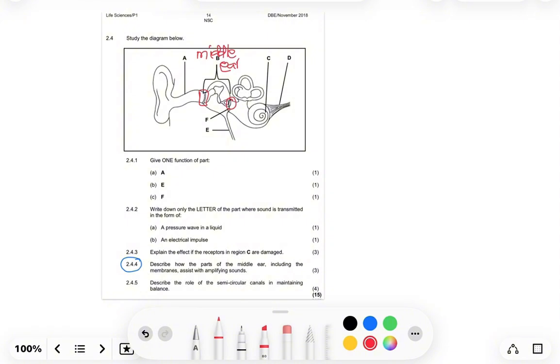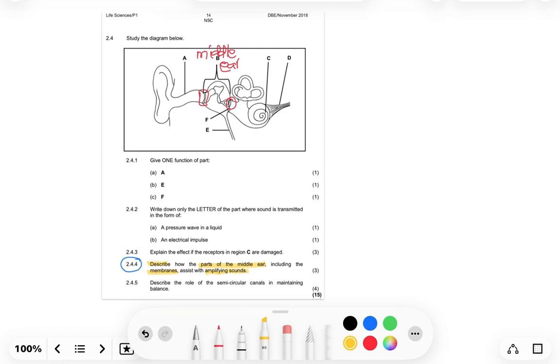So question 2.4.4 is asking us to describe how parts of the middle ear, including the membranes, assist with amplifying sounds.